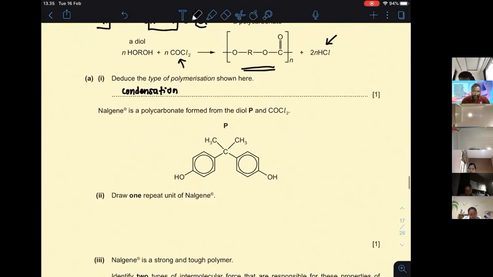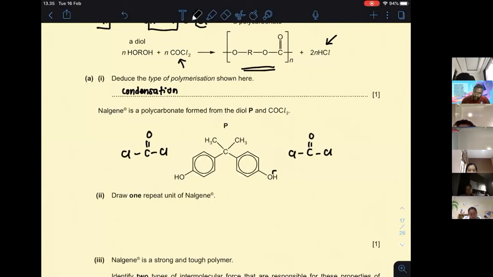So Nalgene is a polycarbonate formed from diol P and COCl2. So something similar. If I have C double bond O, Cl, Cl, and what will happen? Let's say I just put another molecule over here. So a similar reaction will happen.